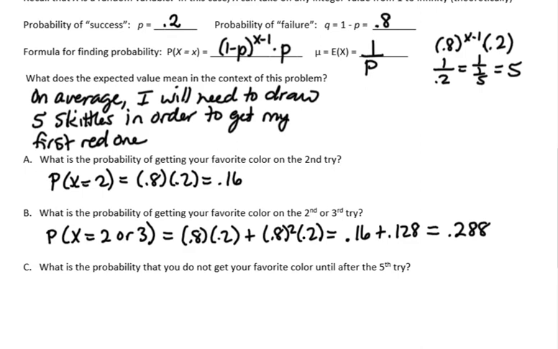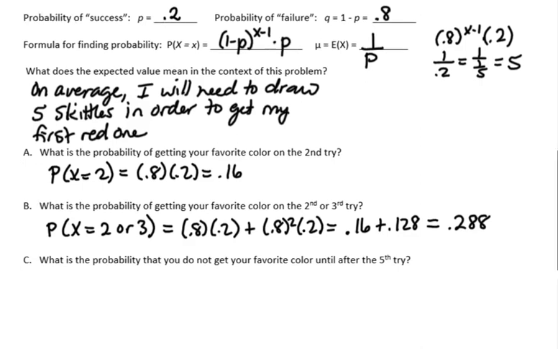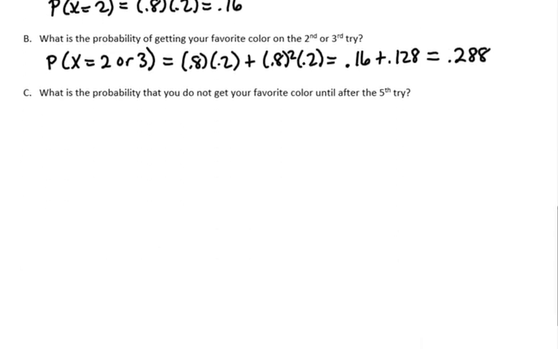What's the probability that you do not get your favorite color until after the 5th try? Now this one's a little trickier. It means that we have 5 tries where we don't get a red, and then after that we get a red sometime. But it doesn't say on which one, it just says after that sometime.